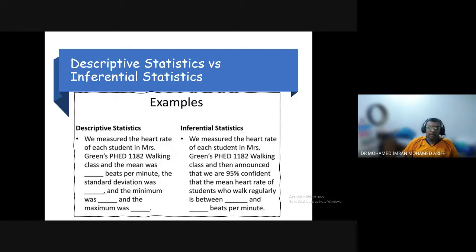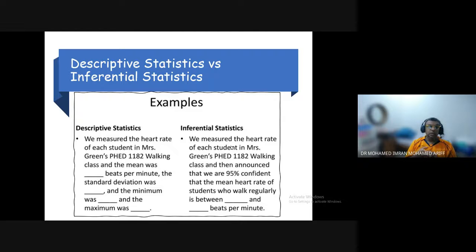We measure the heart rate of each student, Mrs. Green's PhD class. Okay, so these are descriptive. Okay, so kita describe. So dalam example ni, Mrs. Green ni adalah seorang cikgu dalam kelas, and dia seorang cikgu yang garang lah. Okay, so they want to show that cikgu ni garang and what happens to her students.